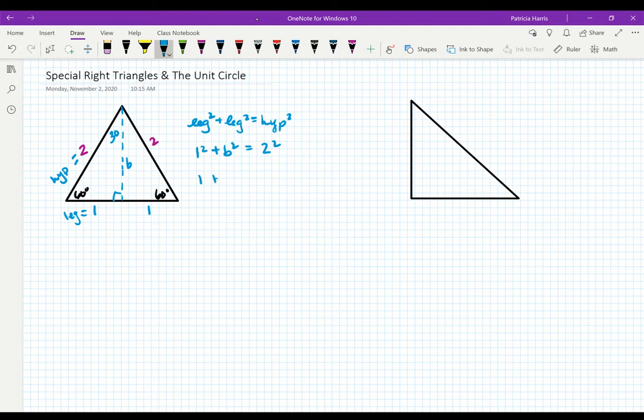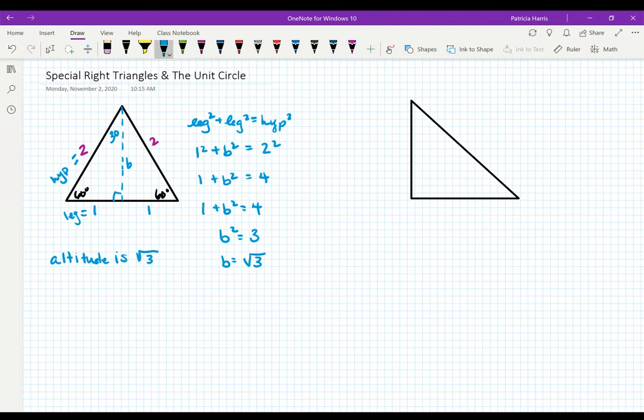So we have 1 plus b squared is equal to 4. And then if we solve it, we get our altitude is square root of 3.